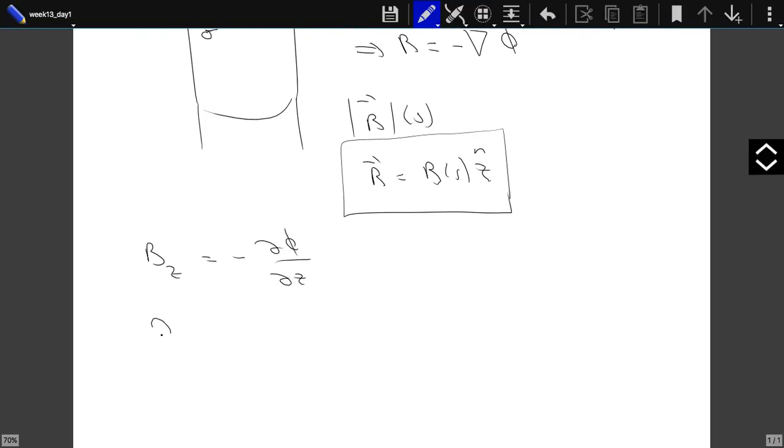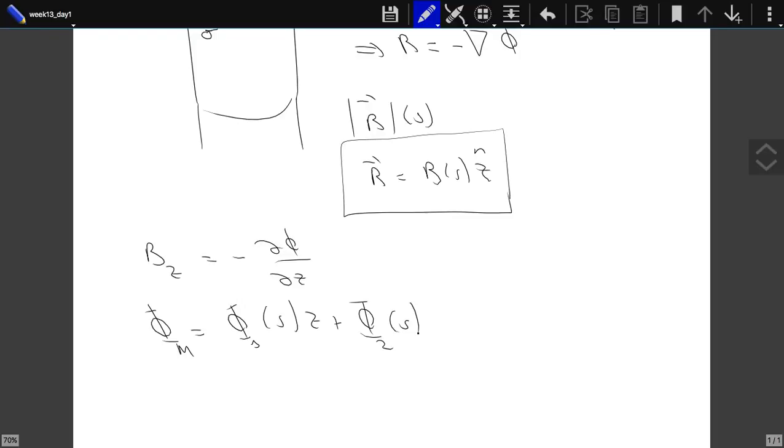So phi_m can be phi_1, which can depend on S, times z, plus phi_2 of S. Now this is our separation of variables ansatz. So let's continue.